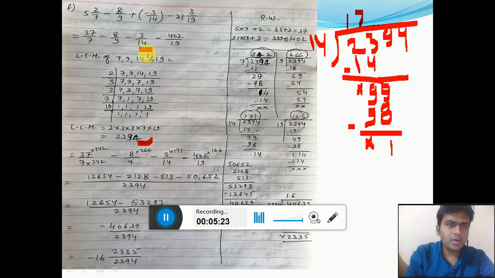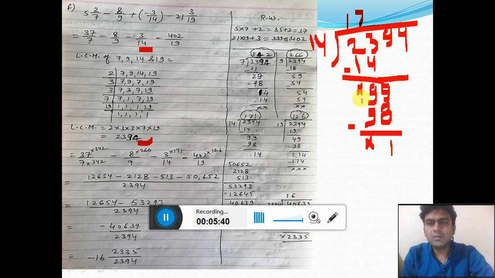Then the next denominator is 14. Now we will divide the LCM 2394 by 14. So 14 ones are 14. Now 3 minus 4 is not possible, so it will become 13 minus 4. 13 minus 4 equals 9. Now this number becomes 1. 1 minus 1 is 0. Now take the next number 9. So the number becomes 99. Now 14 fives are 70 and 14 sevens are 98.